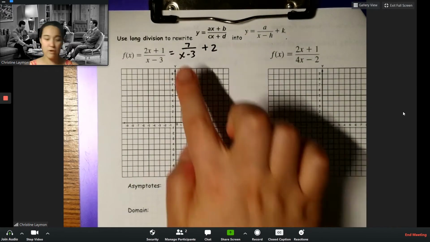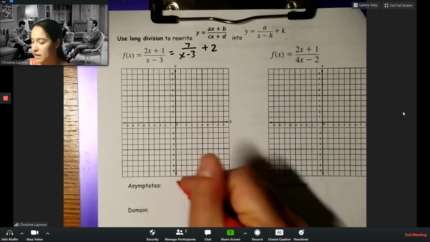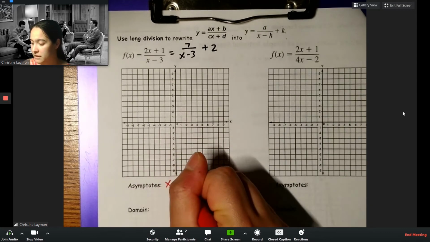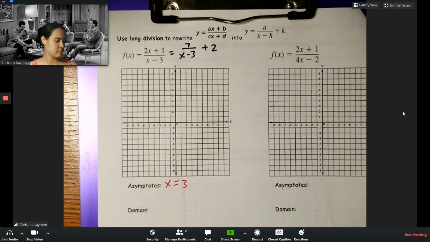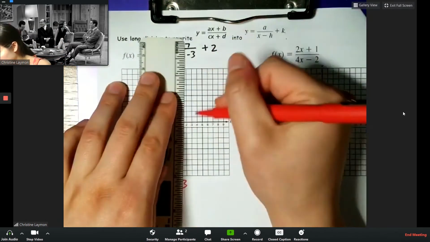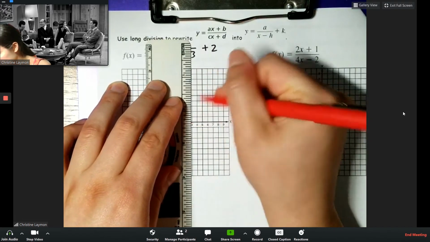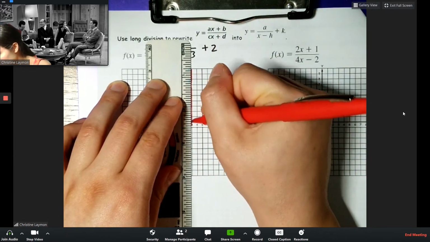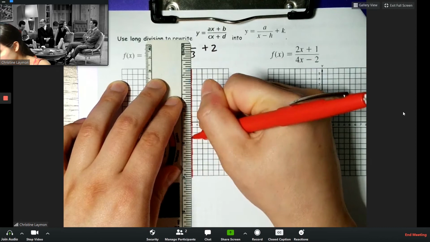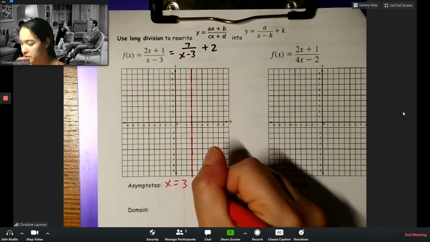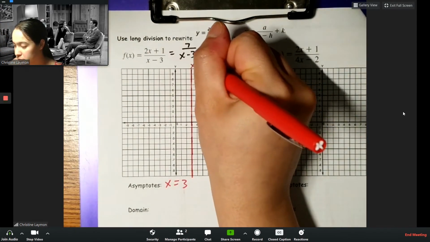Okay, so from the bottom, I can see that one asymptote is x equals 3. So put that on the graph. I'm going to find 3 on the x-axis and draw your vertical line. Okay, so this one here is x equals 3.